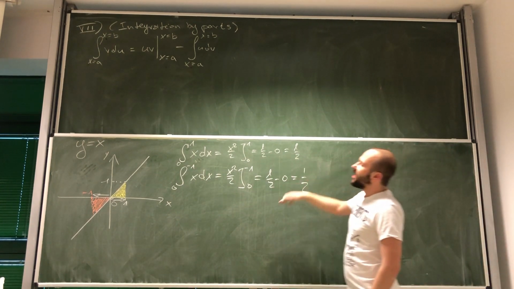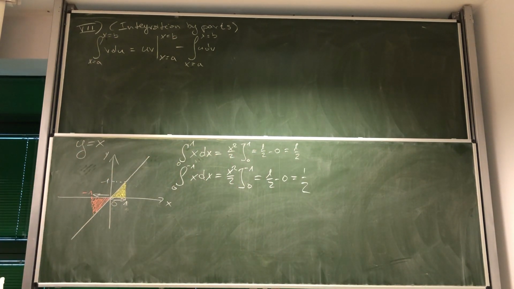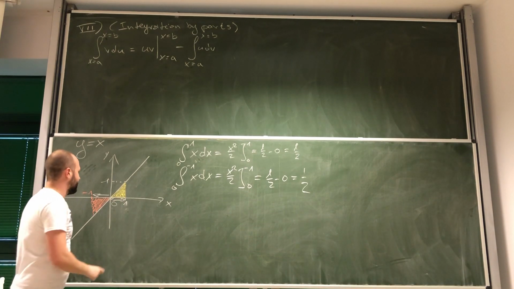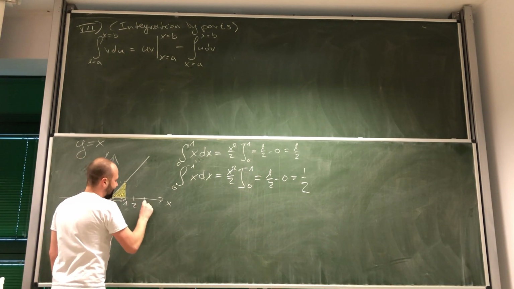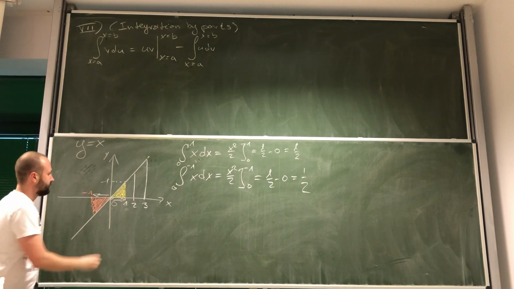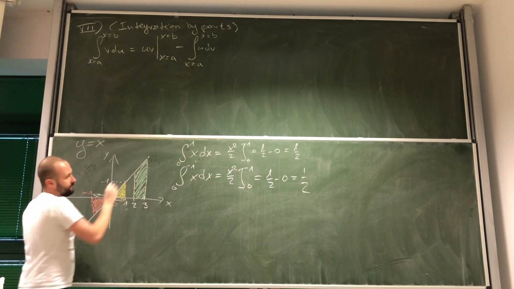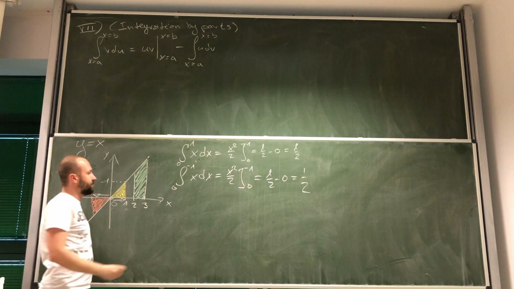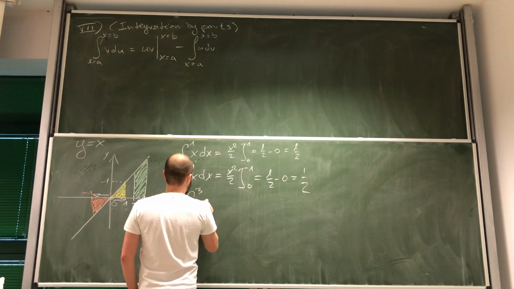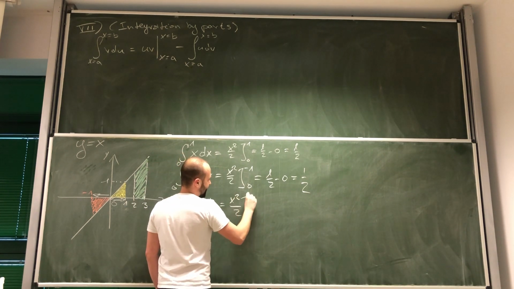Okay, a lot of the examples I'm going to be using are with 0 and 1 because they are easy to calculate. But of course, we can do it anywhere. For example, if I want to know the size of this area, again, all I need to calculate is the integral from 2 to 3 of x dx. Again, the indefinite integral stays the same, nothing changes.